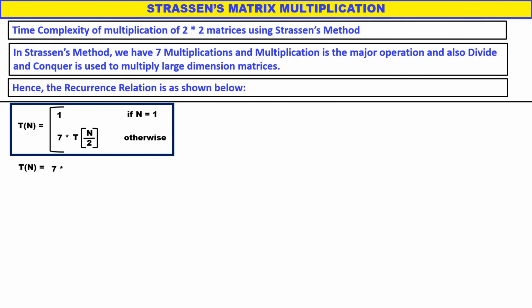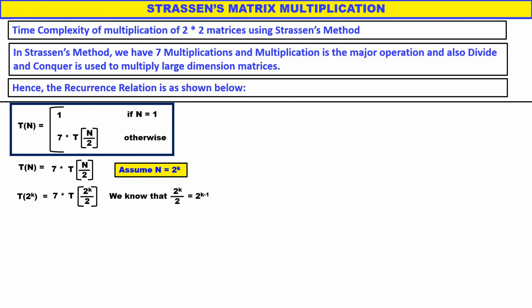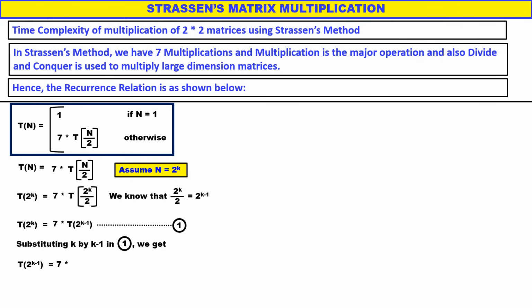Again we assume n is equal to 2 to the power of k. So it is 7 into t of 2 to the power of k minus 1. This we call equation number 1. Substituting k by k minus 1 in 1 we get 7 into t of 2 to the power of k minus 2. This we call equation number 2.